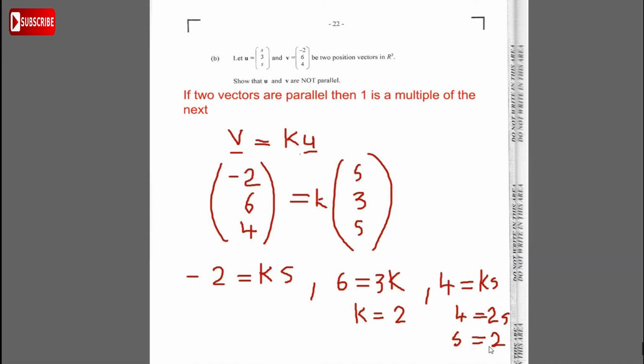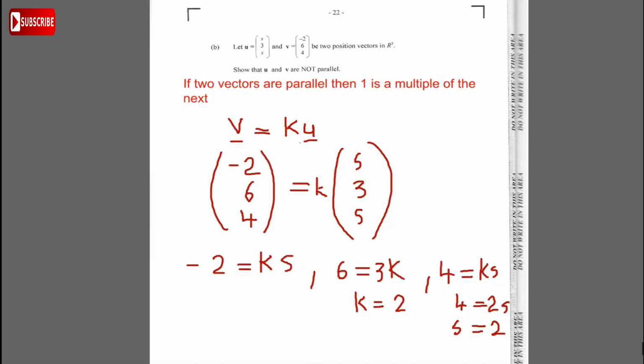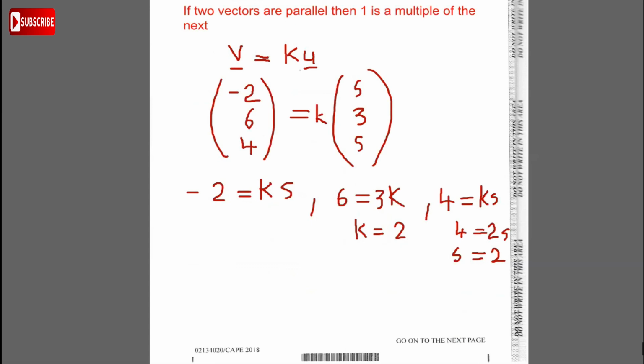So if K is equal to 2 and S is equal to 2, let's plug it in. In the last one, we're going to do a check now, in the I component.